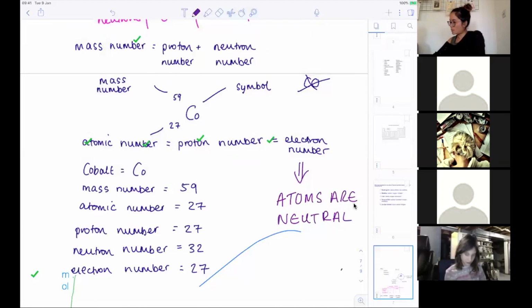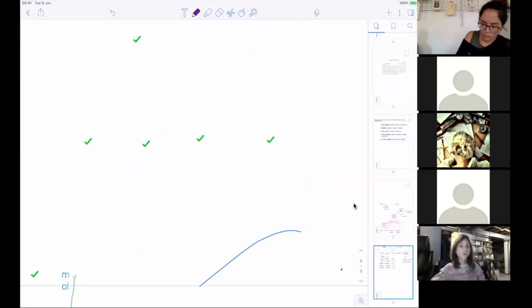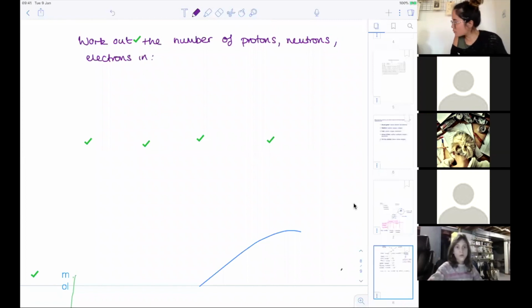So now it's up to you guys to do the following task. We're working out the number of protons, neutrons, and electrons in these elements.